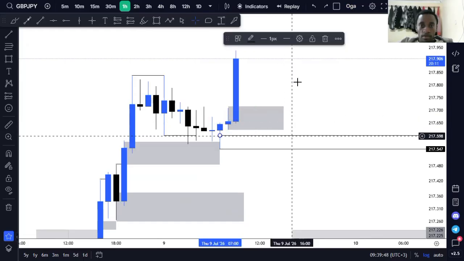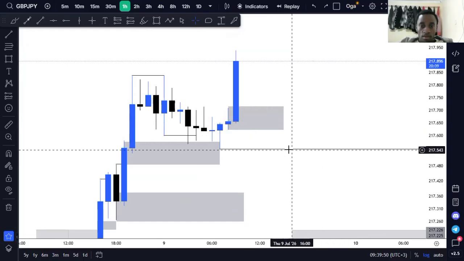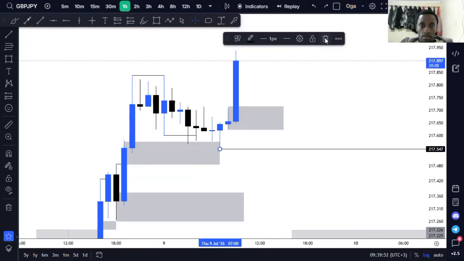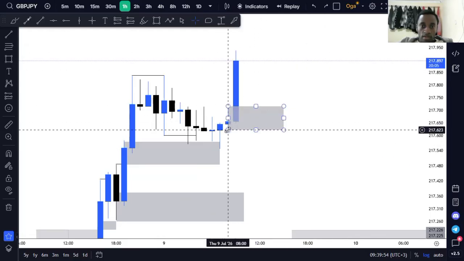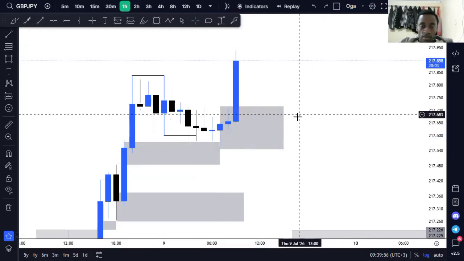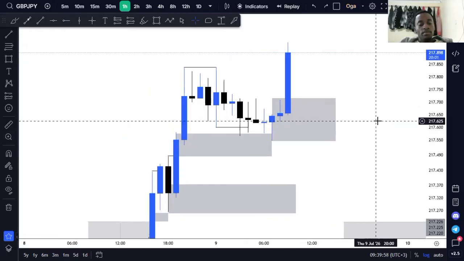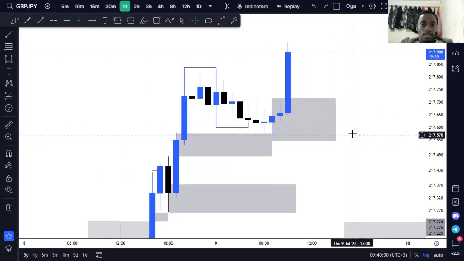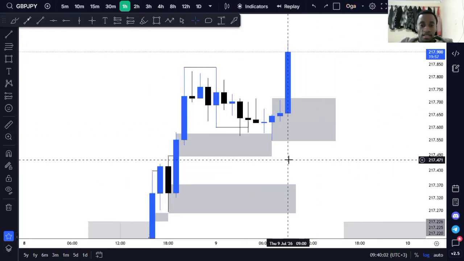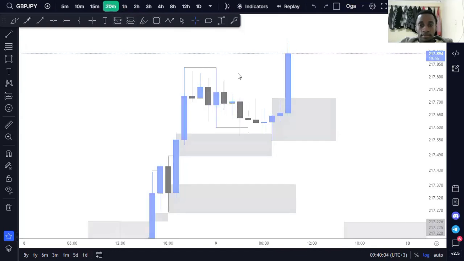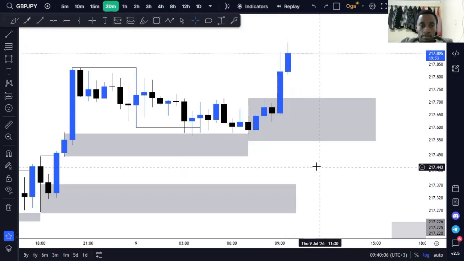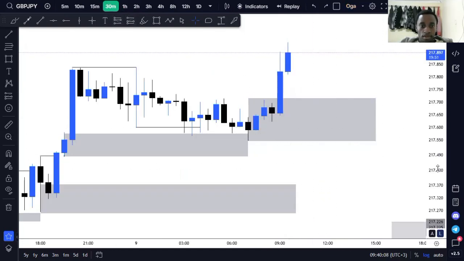Let's just remove this again and adjust the rectangle to this point. I don't know if it looks clear like that. What do you think?